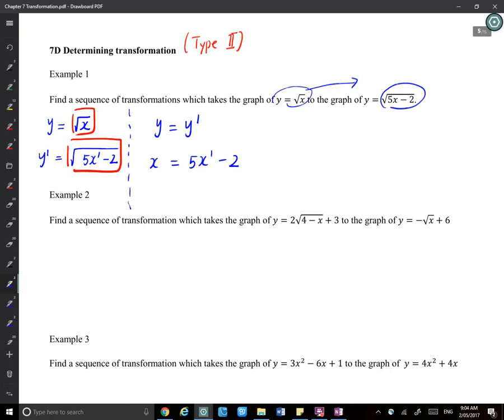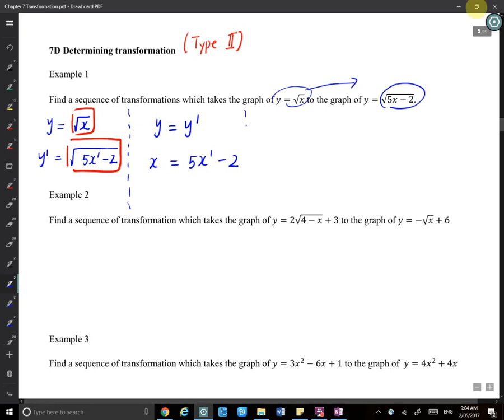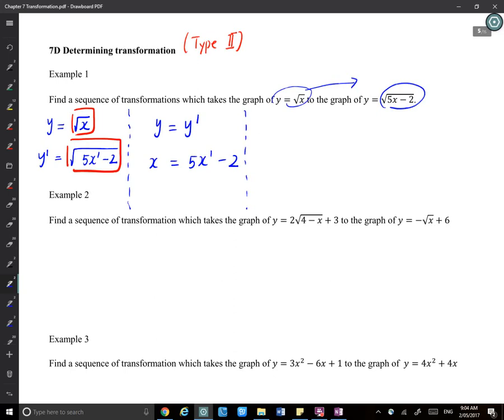I equalize those two things. And I need to make x dash and y dash the subject, because I want to describe the transformation. When I give you the transformation, you can write x dash equals what, y dash equals what. Therefore, when you have x dash, y dash equals something, you can go back to the transformation. So that is the thinking.